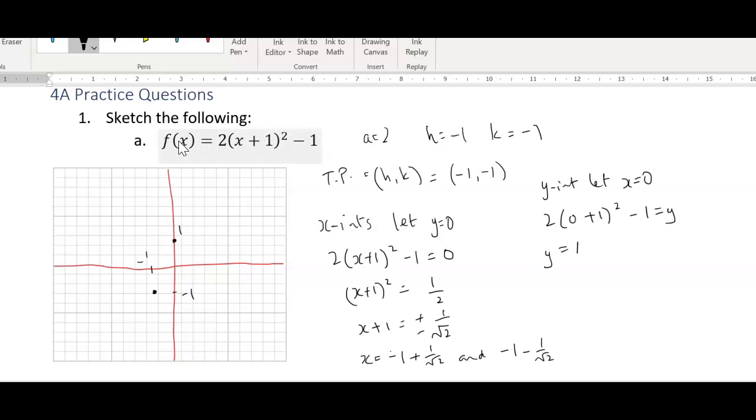With my x-intercepts, if you don't know what 1 on root 2 is, just think, well, where on my axes should it be? So root 2 is somewhere between 1 and 2. So I think it's around 1.4. So basically you're going to have 1 divided by 1.4.